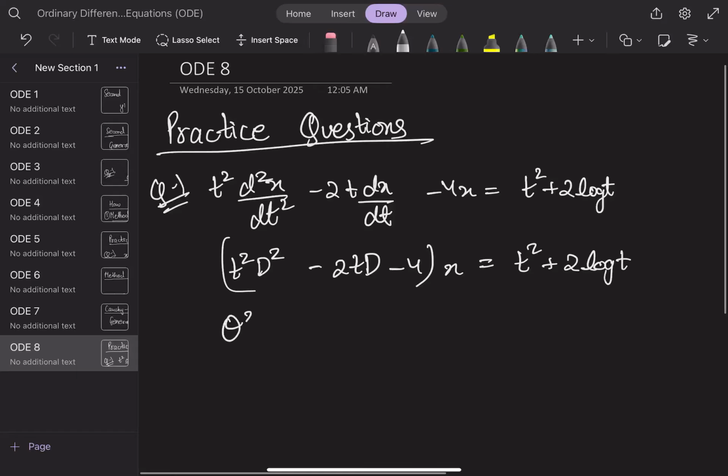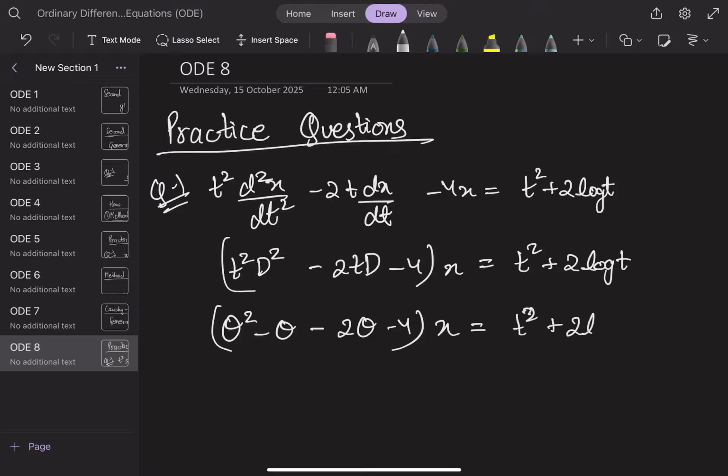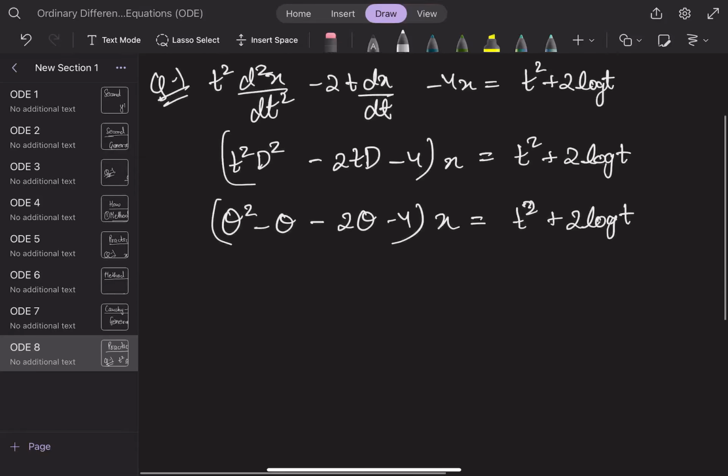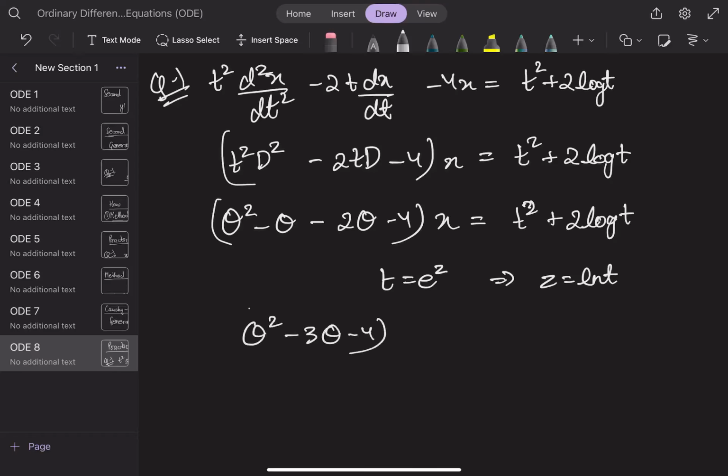So theta square minus theta minus 2 theta minus 4 x is equal to t square plus 2 log t. So we're gonna write t as e raised to z, which means that z is ln t. So this becomes theta square minus 3 theta minus 4 times x is e raised to 2z plus 2z.